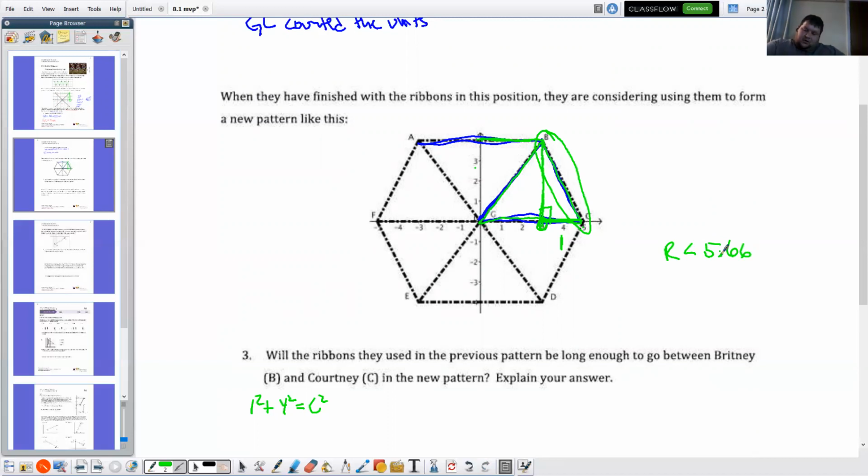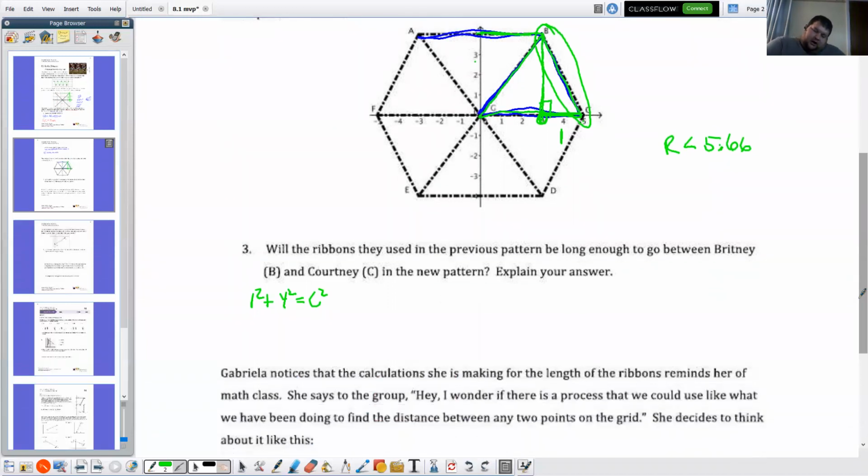Okay. So here I have 1 plus 4 squared is 16 equals C squared. So I get 17 equals C squared. So I get the square root of 17 equals C, because I take the square root of both sides here.